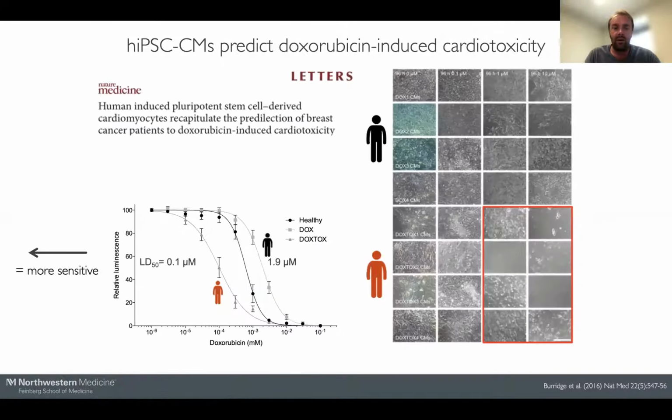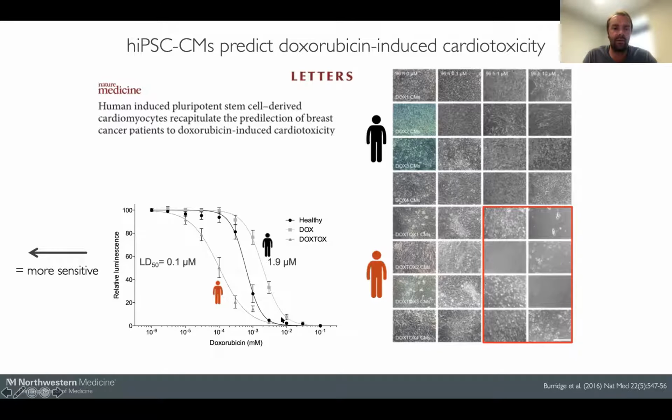So moving on to our model, we published this paper in Nature Medicine 5 years ago, in which we show that if you take some patients who have had doxorubicin and then had cardiotoxicity, and make iPS cells from them and turn them into cardiomyocytes, those cardiomyocytes, indicated by the red stick figure here, are more sensitive to doxorubicin in vitro.